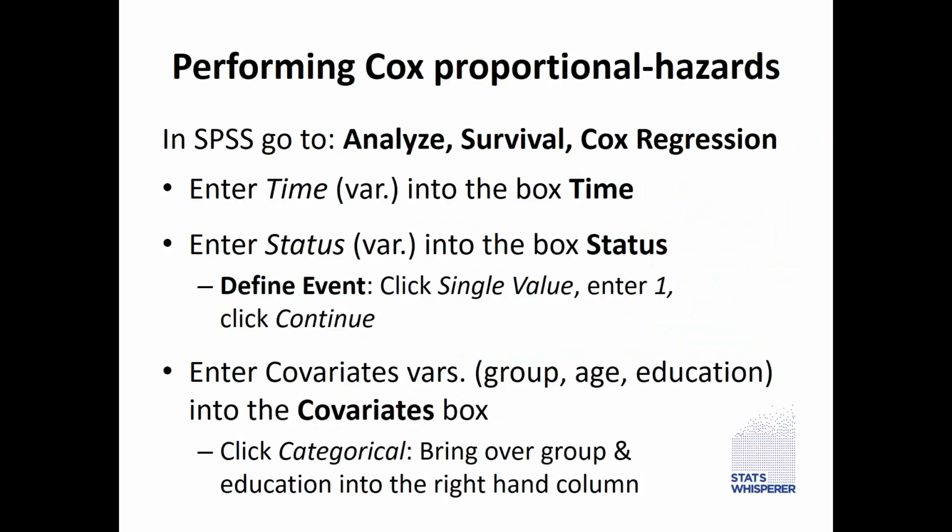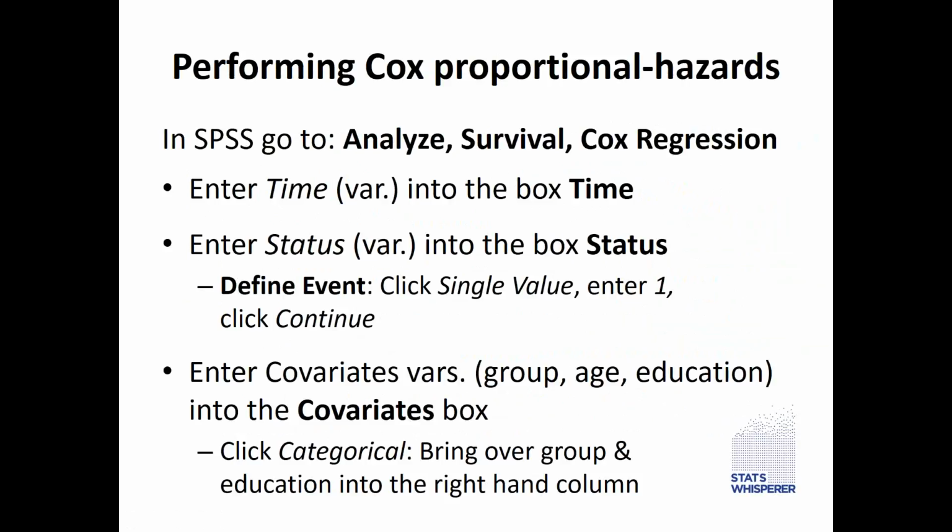So if we were to do the Cox proportional hazard model in SPSS, it's not unlike the Kaplan-Meier. Again, we go to analyze, survival, and then Cox regression. We put in time just like before. We put in status like before, but you'll see there is not a box for factor like in the Kaplan-Meier.